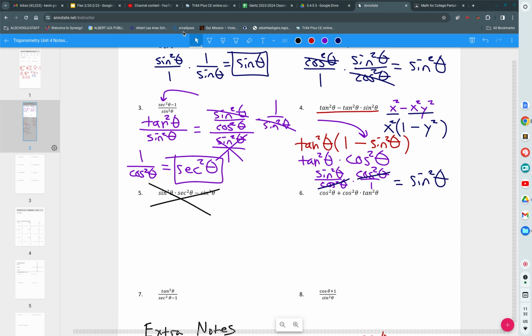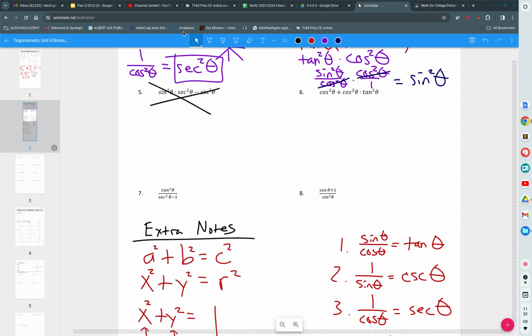Only 2 problems left to practice right now. I want you to try number 6 on your own, and here's the hint. You're going to start by factoring out a cosine squared. Start by factoring out a cosine squared, see what you could come up with.